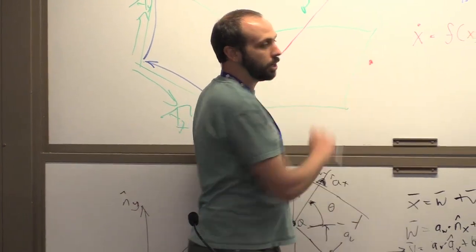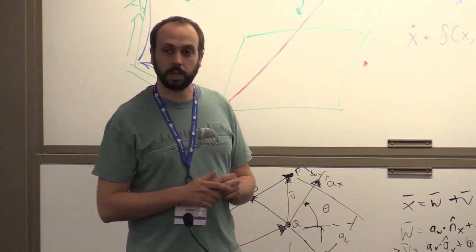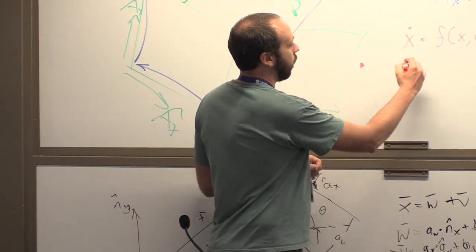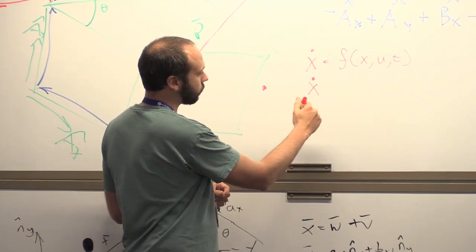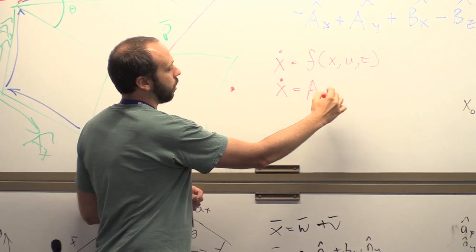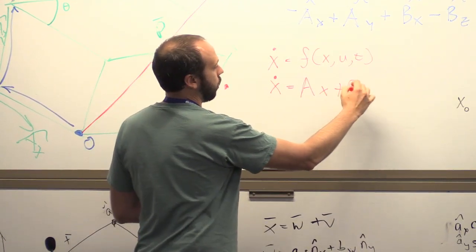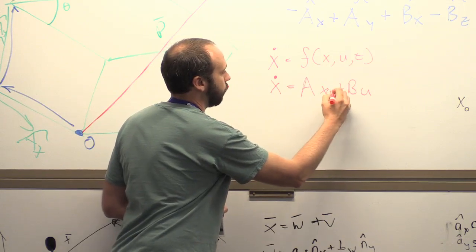In this case we wanted to stand up, so we're going to linearize about the upright operating point. Once you do that, you get a new set of equations, which is often written like this, where x and u are functions of time.